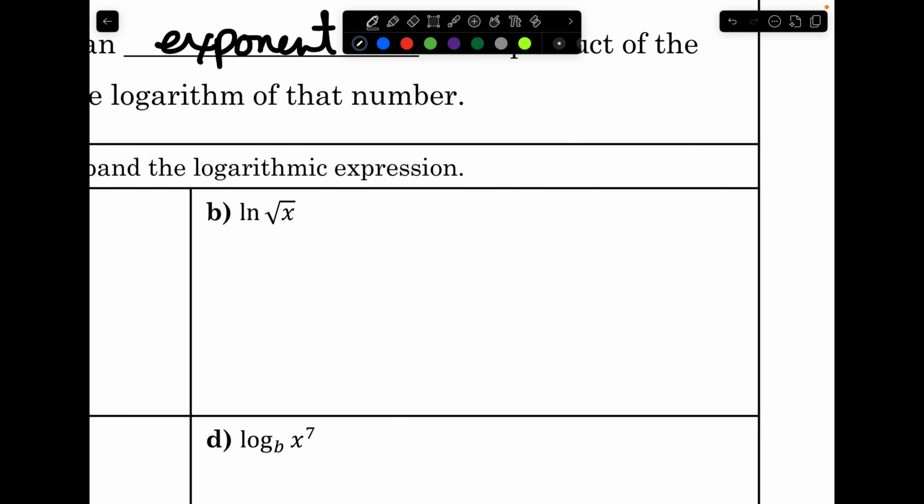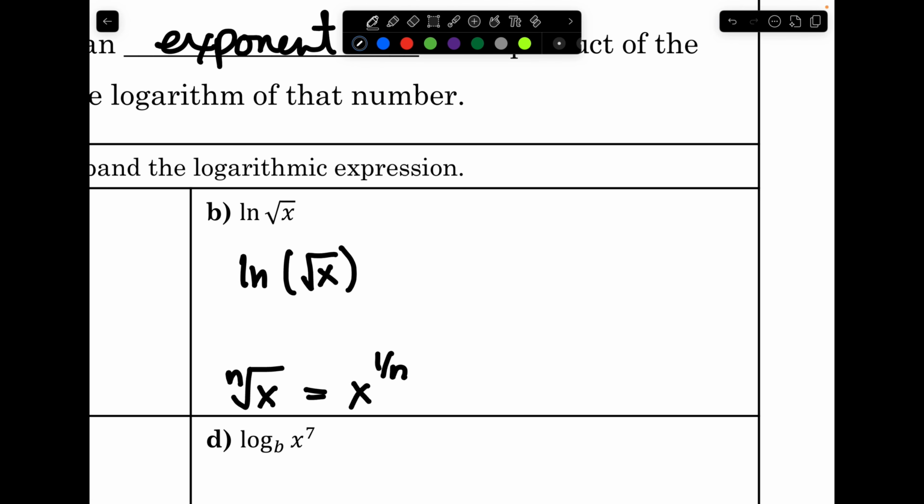Now, if you look at example B, this one's a little bit trickier because it doesn't seem like the square root of x is being raised to a power, but it actually is. Recall from prior lessons that anytime we have a root, it can be written as x to the reciprocal of that power. So the nth root of x is x to the 1 over n power.